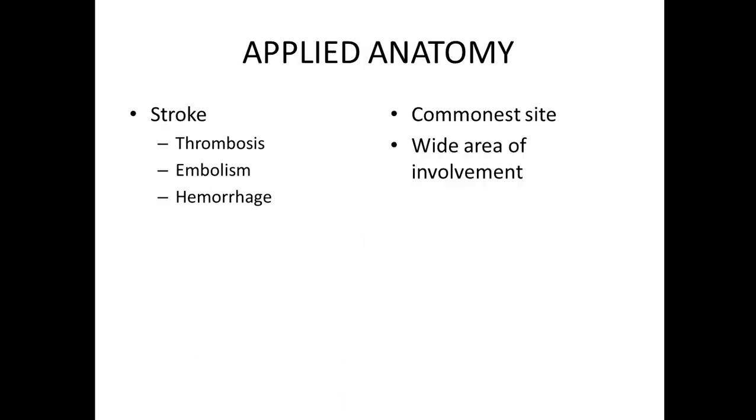Coming to the applied anatomy, the internal capsule is very, very important clinically because that is the commonest site where stroke occurs, and the fibers which are running through the internal capsule are very compact, and a small area, when it loses blood supply, can affect the body in a widespread manner.